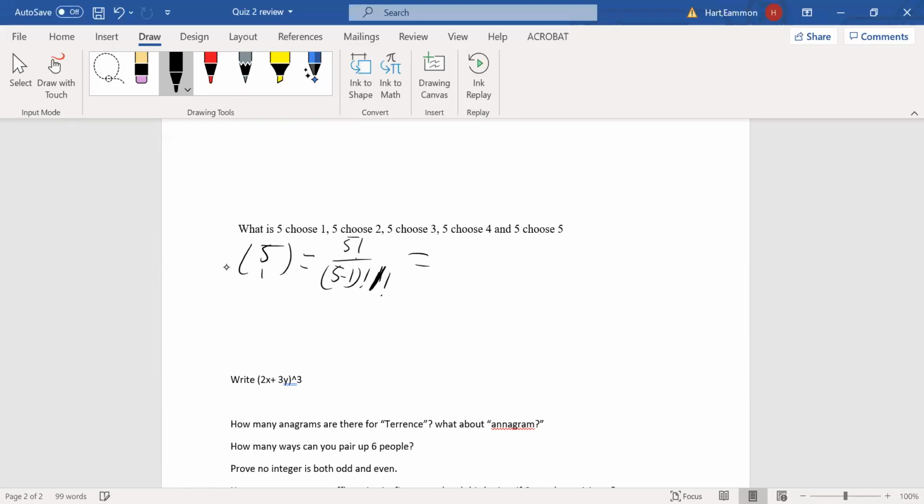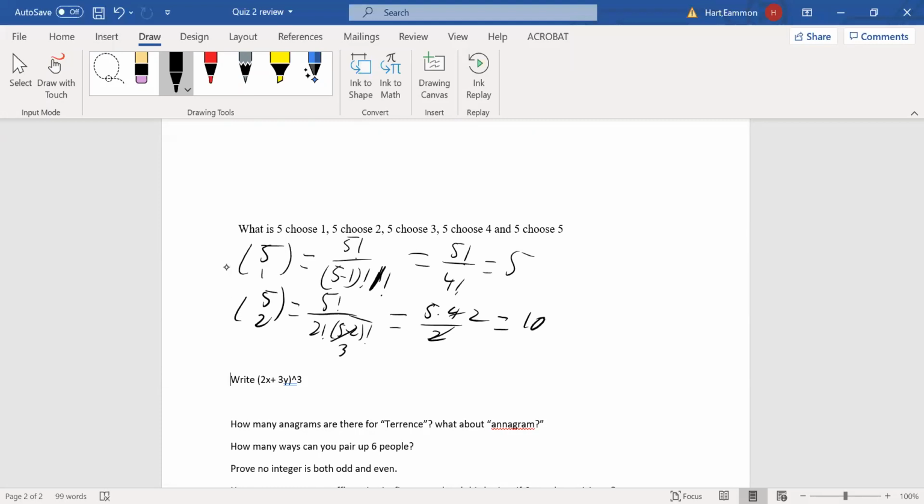Right, which is just 5 factorial divided by 4 factorial, which is equal to 5. 5 choose 2 is going to be equal to 5 factorial divided by 2 factorial times 5 minus 2 factorial, which we normally write as 3 factorial. So that's going to be equal to 5 times 4 divided by 2, which is equal to 10.